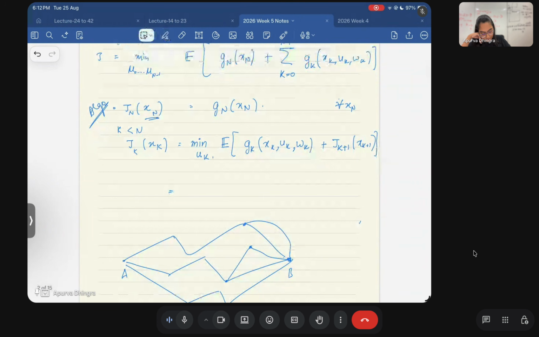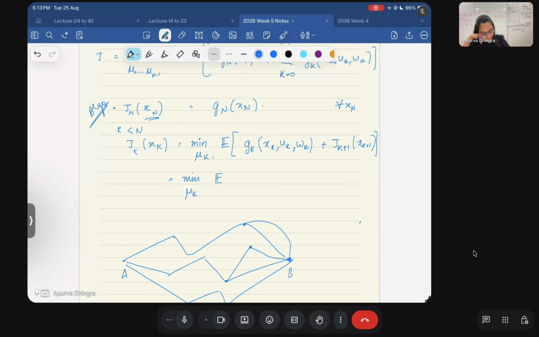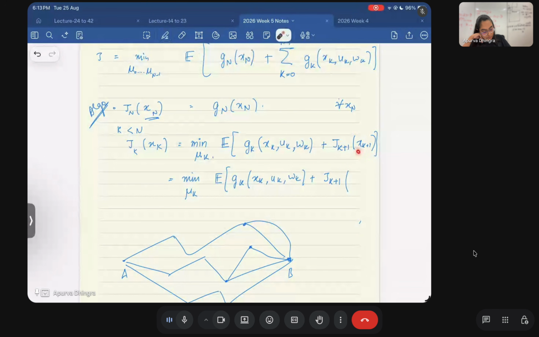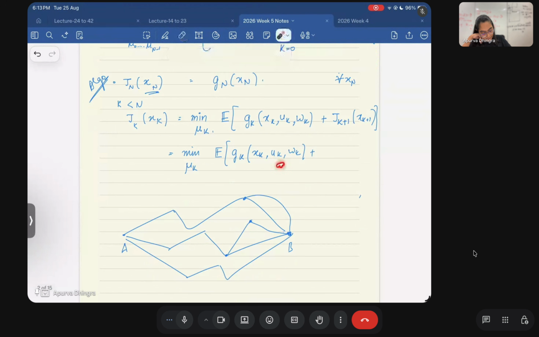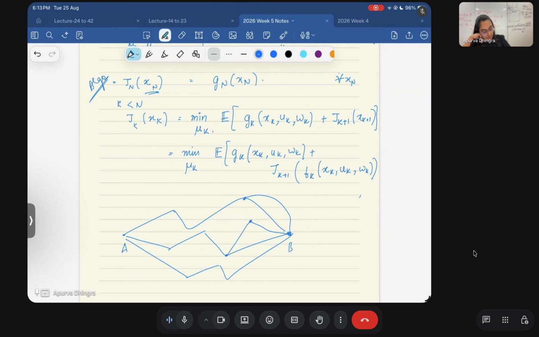We know this can be simplified to J_{k+1} of f_k acting on x_k, u_k, and omega_k, where the dynamics is some f_k.